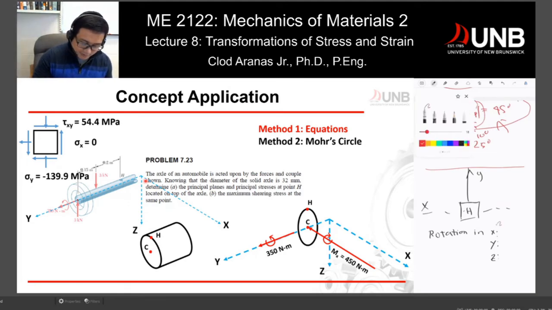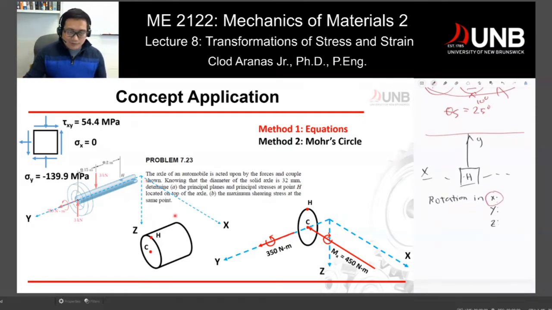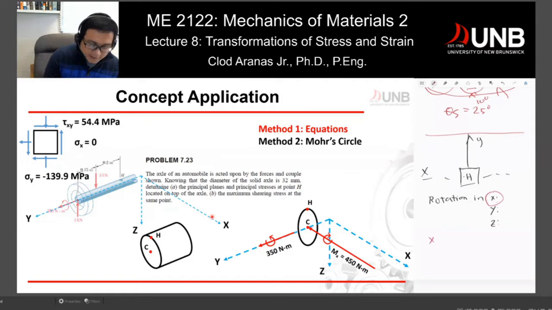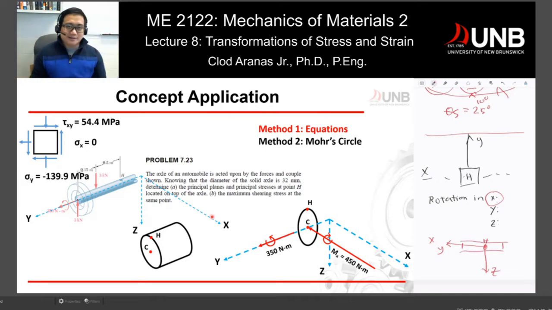Now, let's first do the X-axis. Imagine rotation about the X-axis, and you are sitting right here. You are looking at Y and Z, so my view is the YZ plane, and my reference point is H. I can see my component like that.